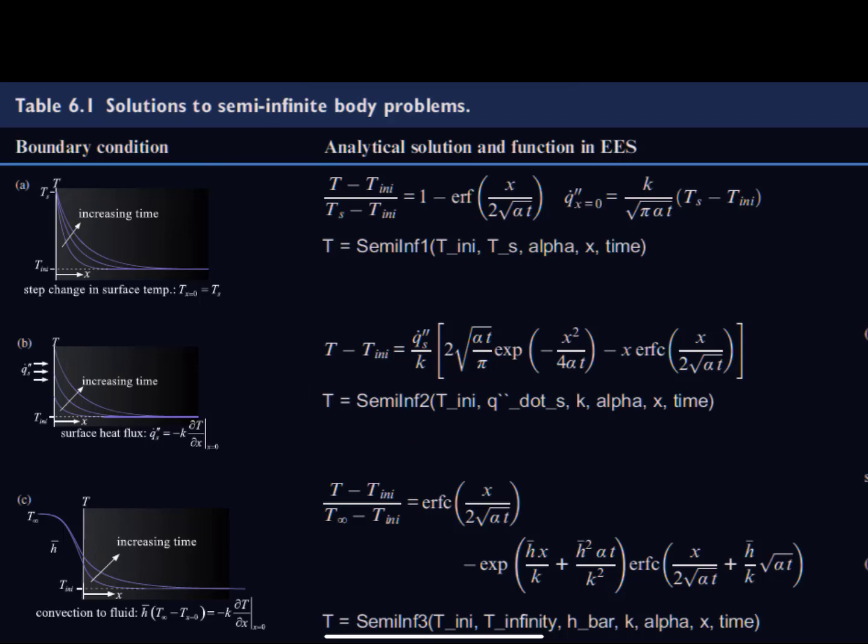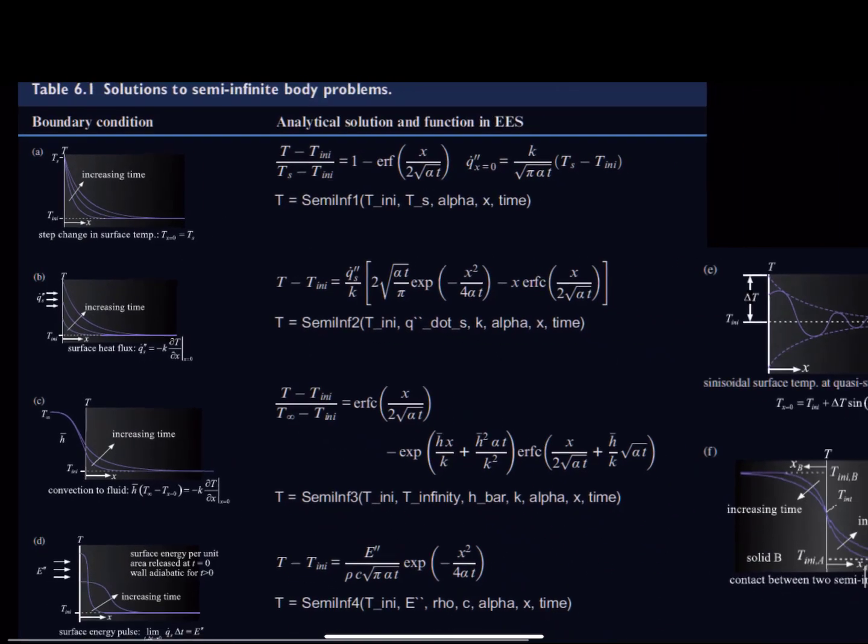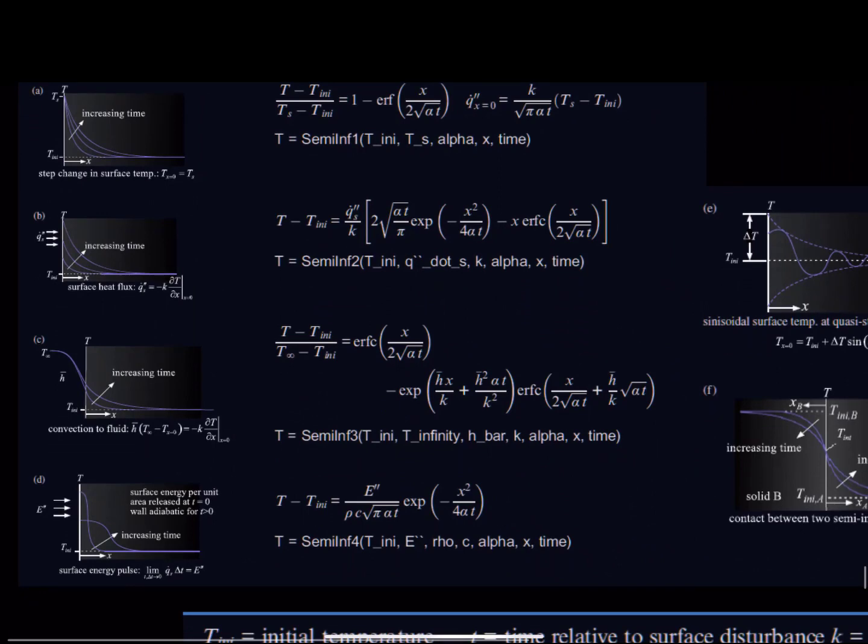What you'll notice is that all of these solutions, or most of these solutions, are for semi-infinite walls. So if you are paying attention, you know that there's really no such thing as a semi-infinite surface, right? Even for something like the Earth, which has a surface that's very, very deep, it's not infinitely deep.